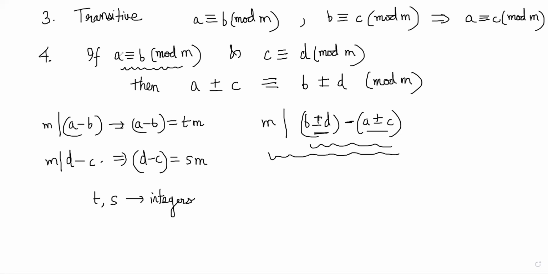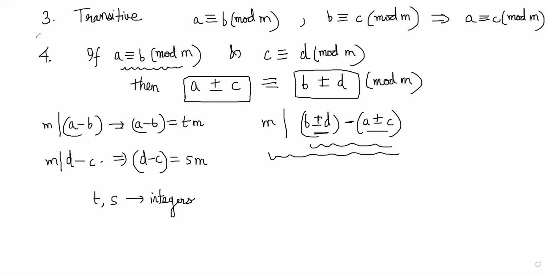So if you have two pairs of numbers that are congruent to each other, then you can basically make combinations of them and they will be still congruent to each other, as long as you stick to the same operation, right? You're doing A plus C, it is congruent to B plus D mod M, right?